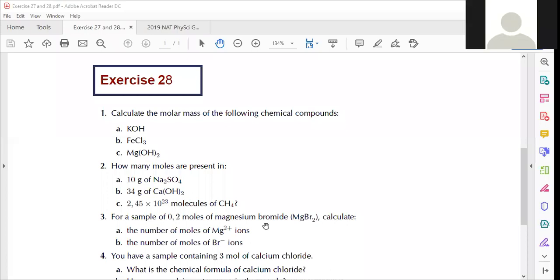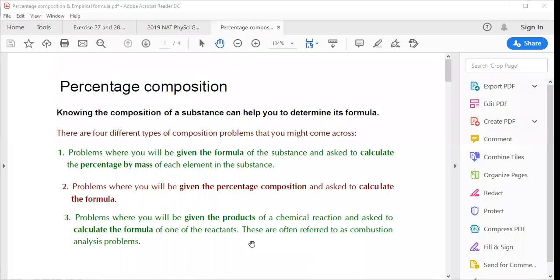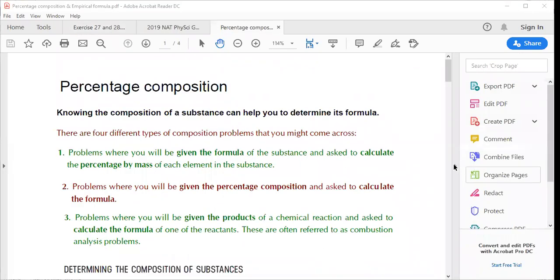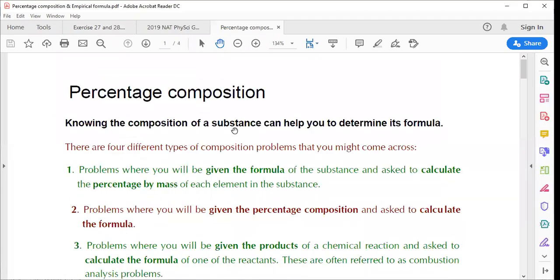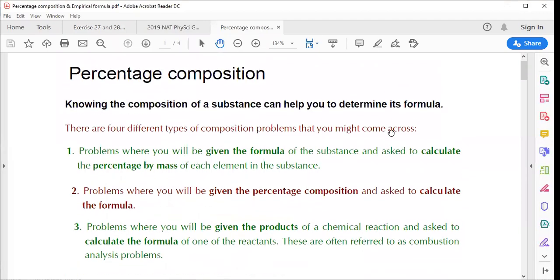Today we're looking at percentage composition and empirical formula. That's today's lesson.